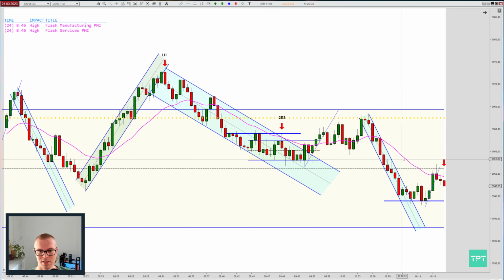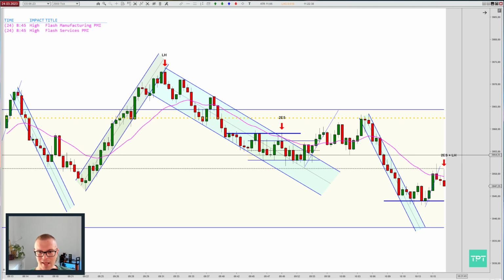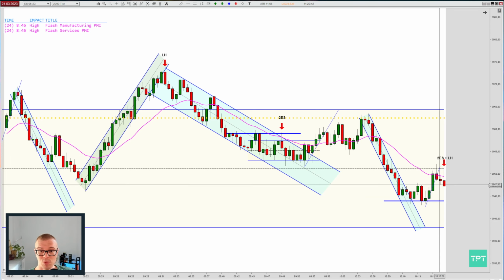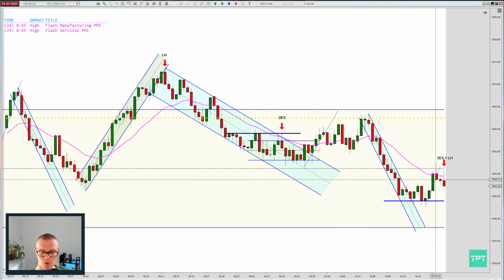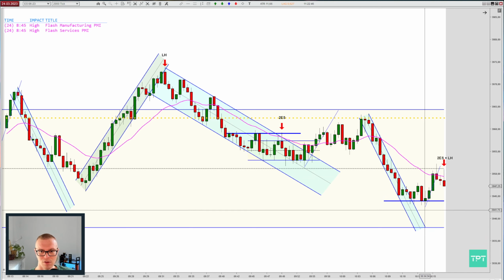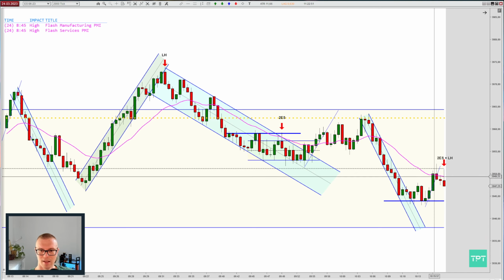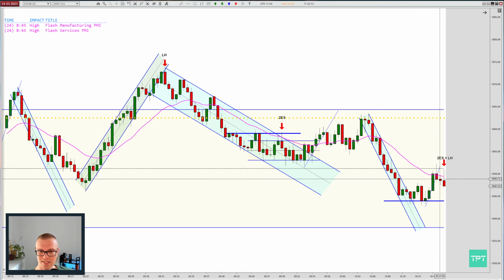I will mark this for now because you know that I'm playing a lot with momentum, and momentum is showing me here that prices are pushing lower, that the pullback to the EMA is like the EMA is acting as a resistance.